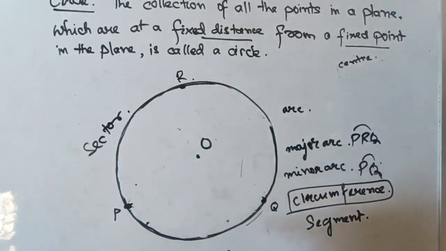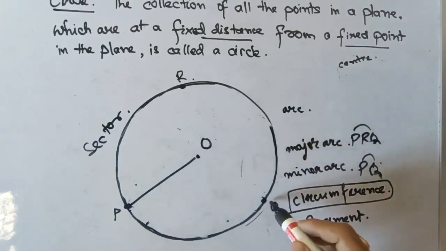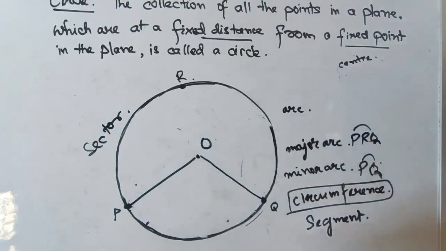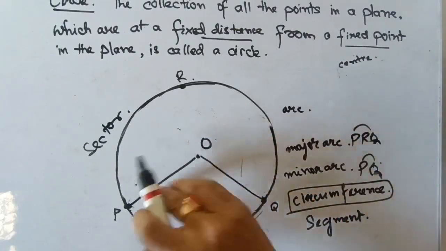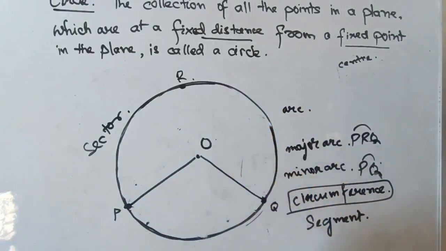If I draw two radii, OP and OQ, then the circle is divided into two regions, the region here and this smaller region. The region between an arc and the two radii joining the center to the end points of the arc is called the sector of the circle.